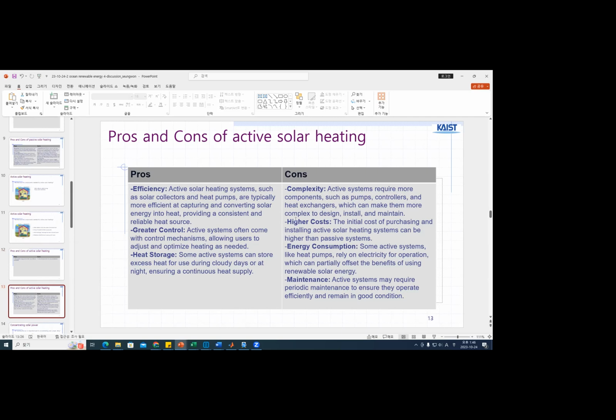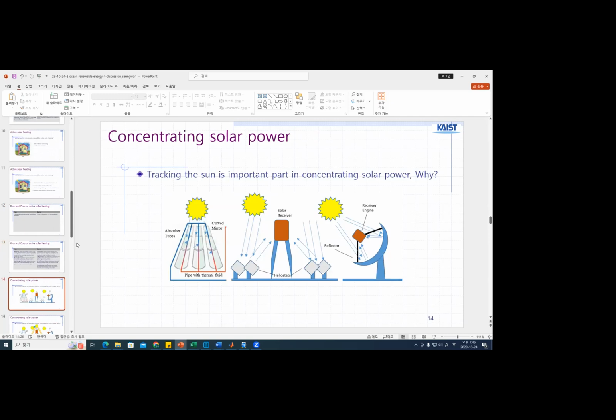It also has a high cost because of these components, and a high energy consumption compared to passive solar heating because we have to use the pump and control, so we need an extra energy source. And lastly, there is the cost of maintenance for the components. So these are the pros and cons of solar heating.